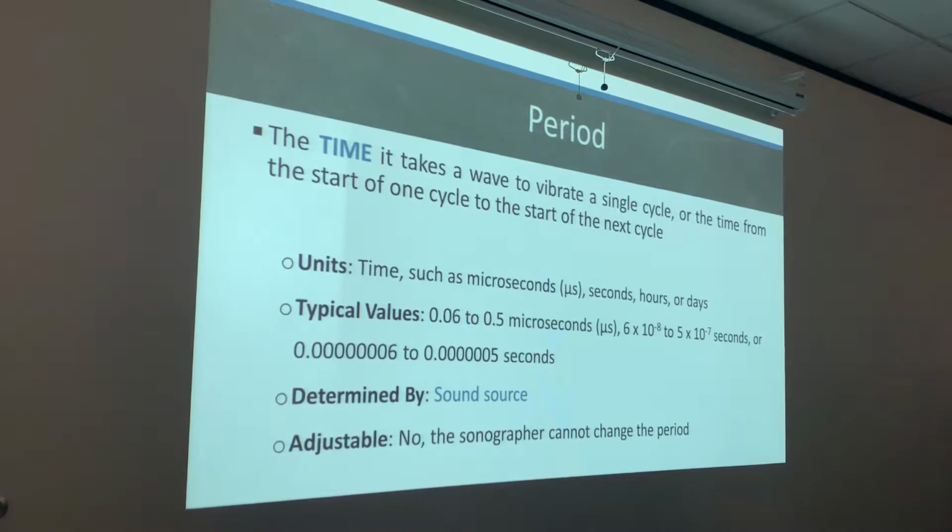Its typical values range from 0.06 to 0.5 microseconds. You can write it in scientific or engineering notation, or in the long form, but for the purpose of this class, we're going to use our complementary units and say 0.06 to 0.5 microseconds.